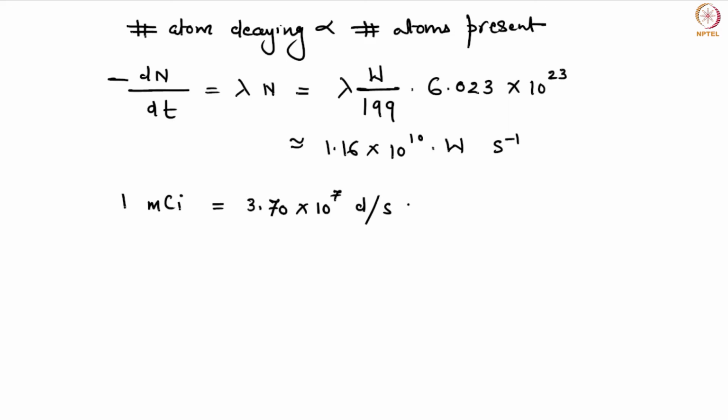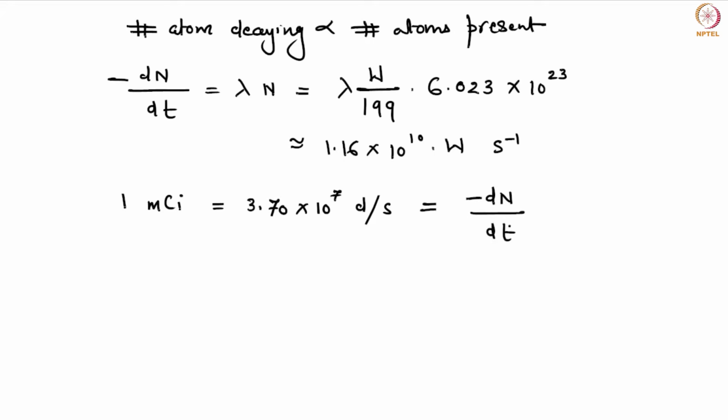So 1 curie equals 3.70 into 10 power 10 decays per second. So remember, since we are talking in terms of decays, now it will be 10 power 7 and not 10 power 13. Okay, so now this value 1 millicurie is equal to our minus dN by dt.